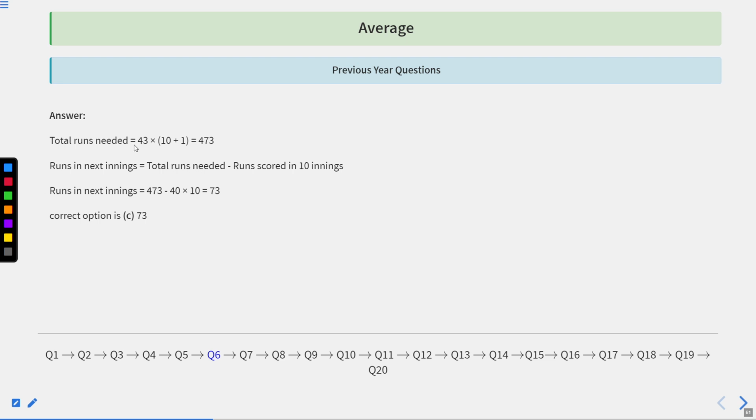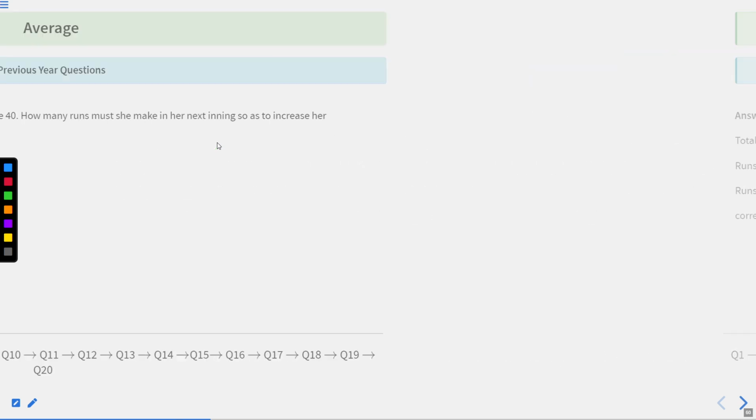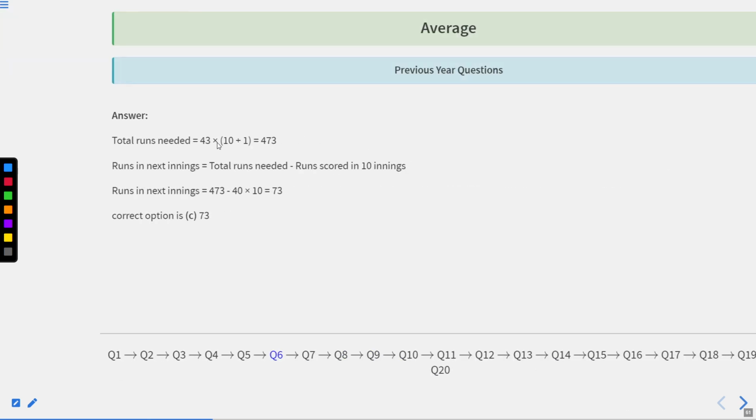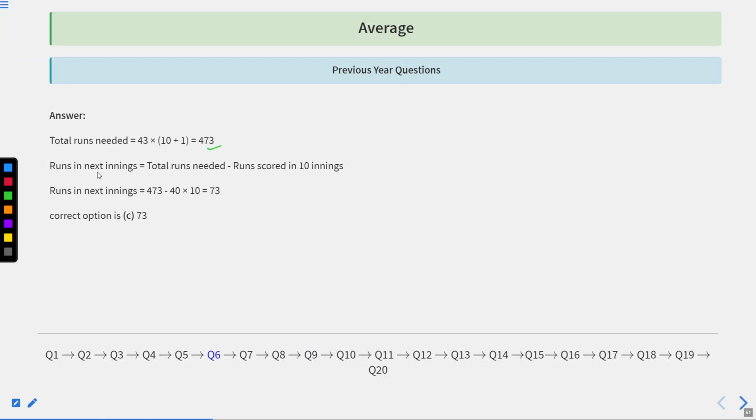Total runs needed is equal to 43 times 11. So that is 473. So that is the total score she should have to have the average of 43. Okay. So runs in the next inning is equal to total runs needed minus runs scored in 10 innings.